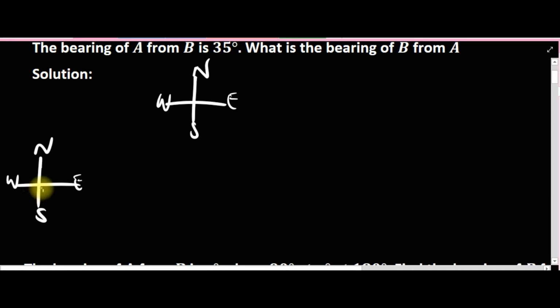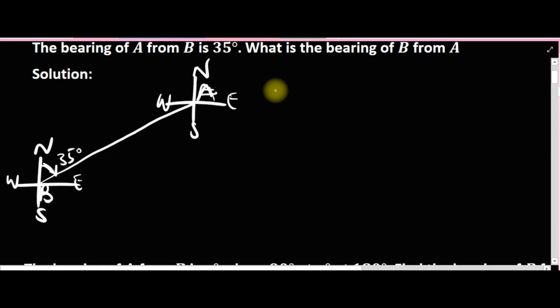B. This should be our B, and this is our A. We started from B and move to A, so it's 35, the direction 35 degrees.